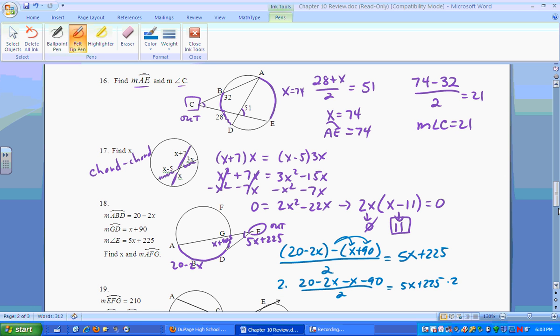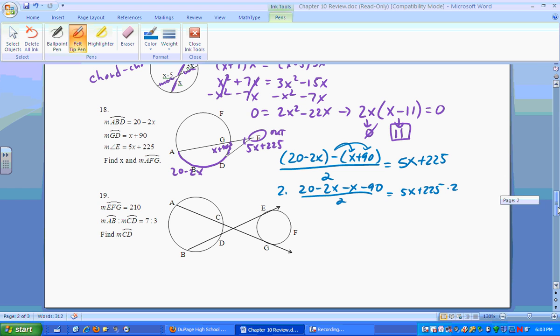Multiply by 2 to get rid of it. Simplifying the math, we get 20 minus 2x minus x minus 90. This side over here ends up equaling 10x plus 450. Simplifying, you get negative 70 minus 3x equals 10x plus 450.